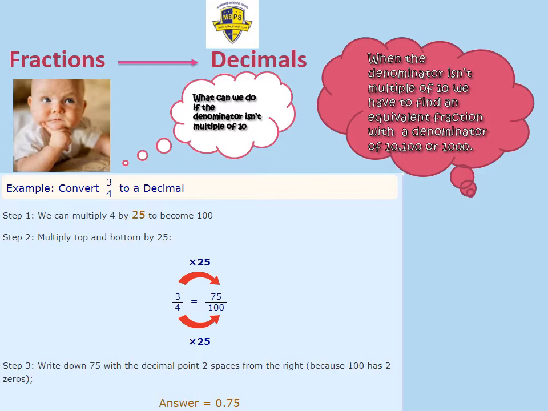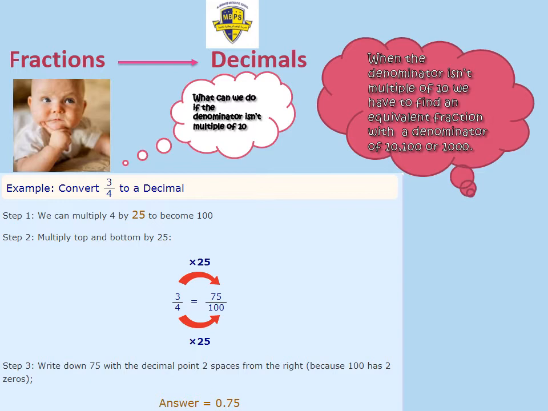So, let's practice this example. We want to convert 3 out of 4 to a decimal. Look at the denominator. The denominator here is 4. Can we make 4 into 10 using multiplying?